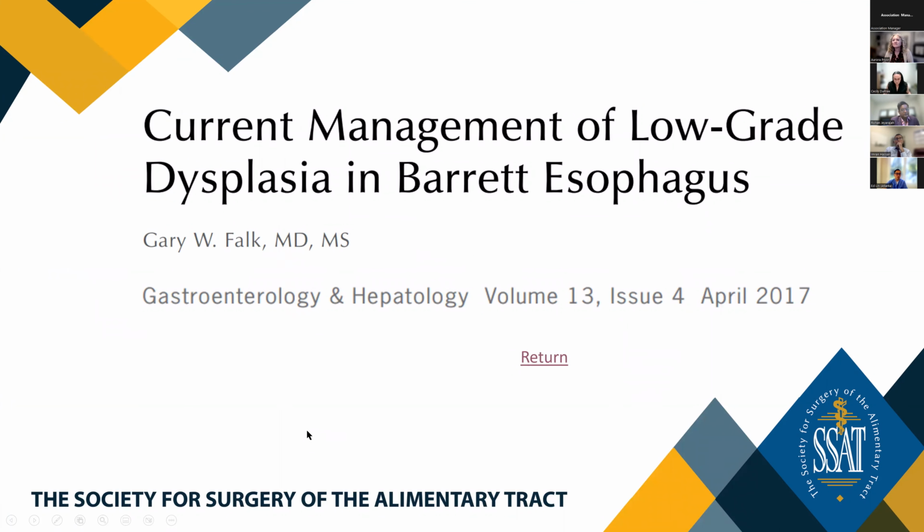This is a really great review of the current management of low-grade dysplasia that suggests there's an increased risk of progression to high-grade dysplasia or adenocarcinoma, especially when patients have had multiple biopsies and multiple different pathologists have confirmed the diagnosis. In this setting, level 1 evidence supports endoscopic ablation as a viable treatment option, and that's actually the recommended therapy at this point.